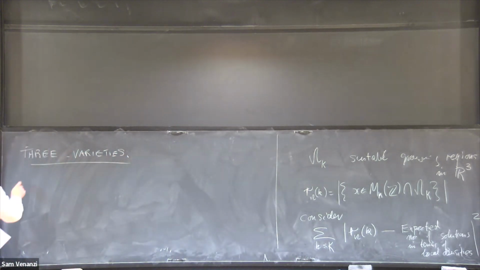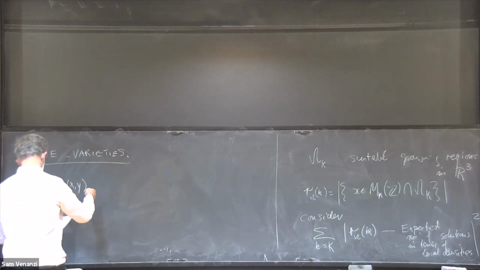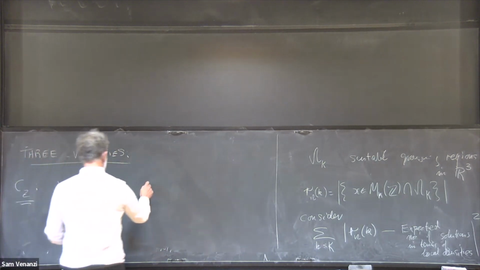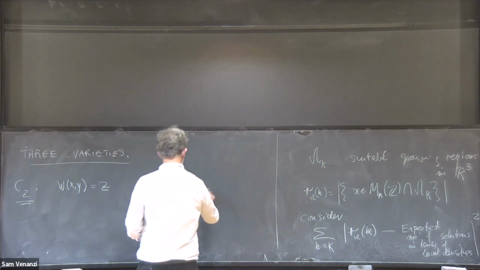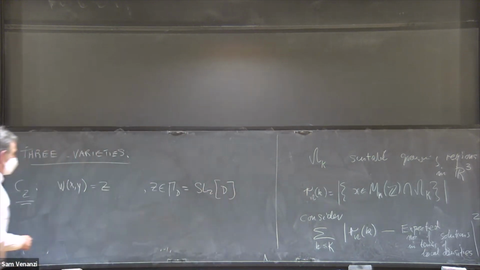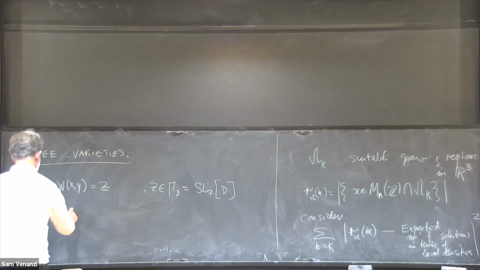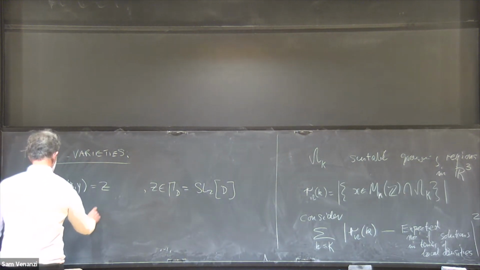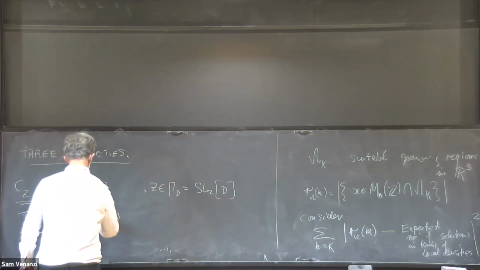The first one I'll call CZ: it's the commutator word Z of X, Y, and Z is in gamma D. And I'll call this T. That's going to be the trace of the word. We are in 2 by 2 matrices, so I can compute the trace.